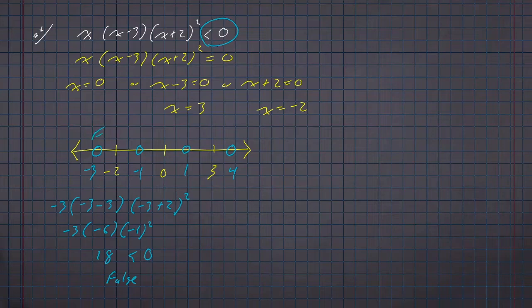So I will mark that that came out false. Then we have to continue evaluating each of the other 3 points and determining whether the inequality is true or false at that point. Pause the video and take a moment to write that out on your own. For the sake of screen space, I'm not going to go through those calculations. I'm just going to give you my results.